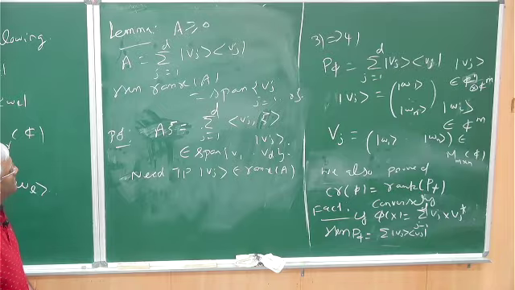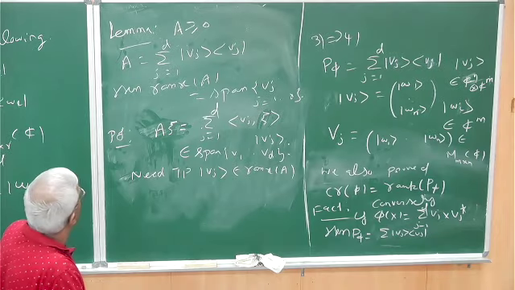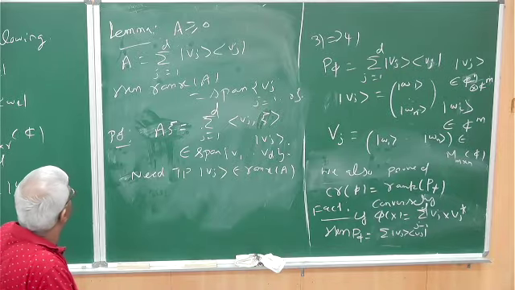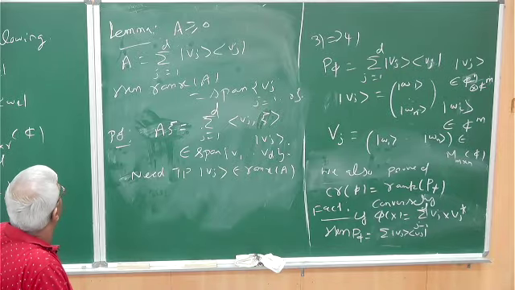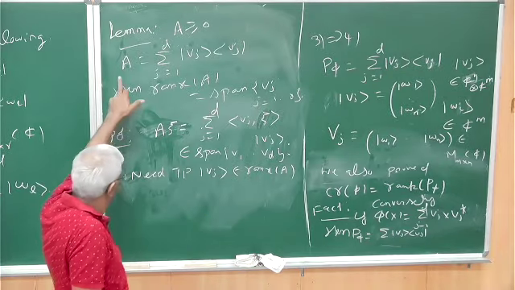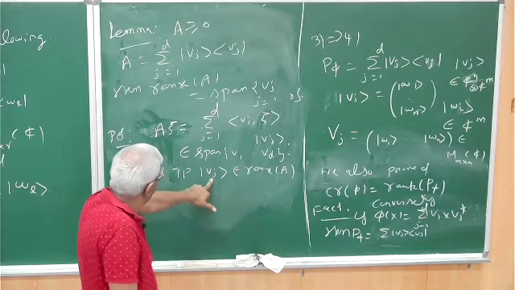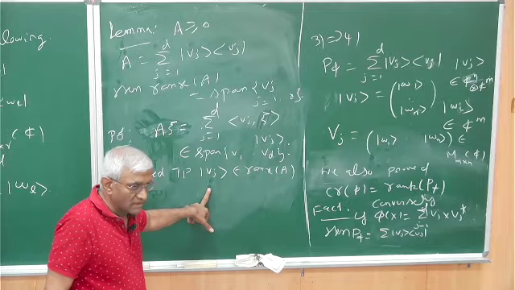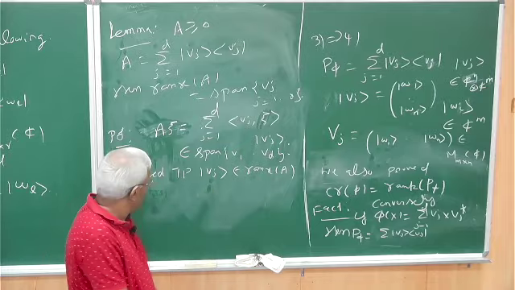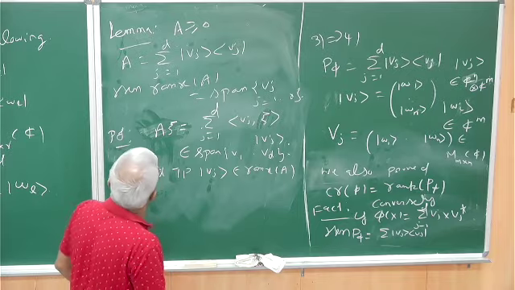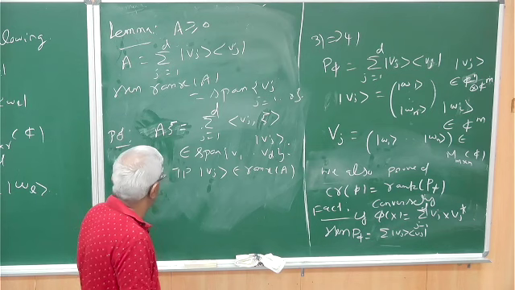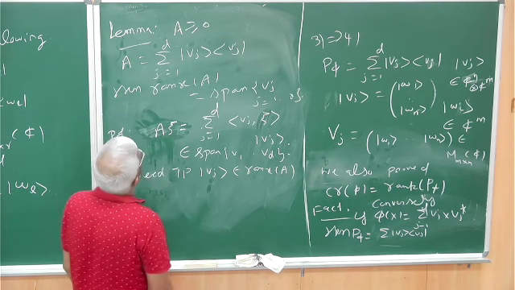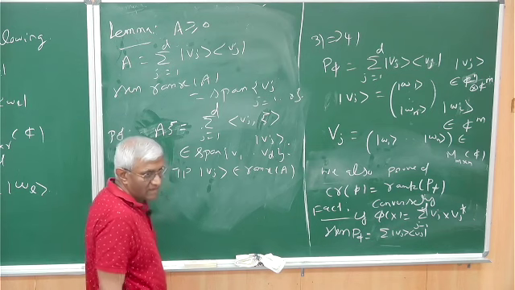How do you do that? Vj by norm of Vj. You have to get a xi such that A xi equals Vj, since Vj is in the range of A. You can choose Vj.